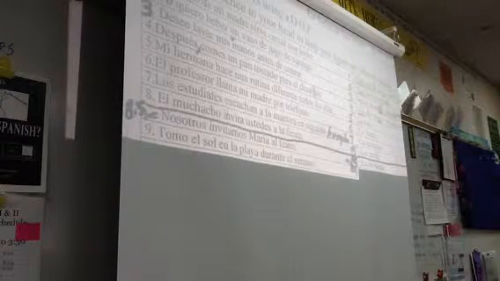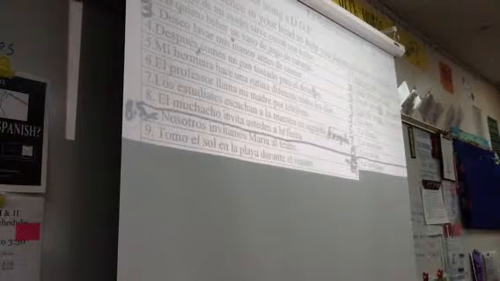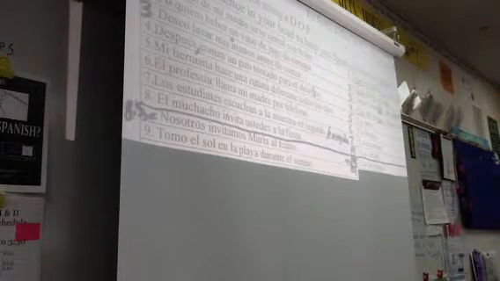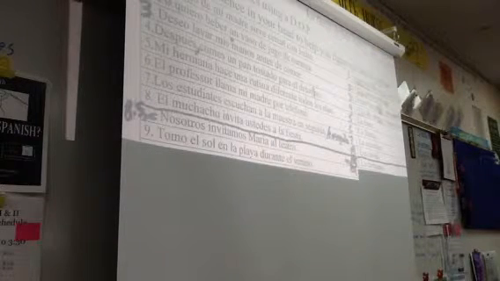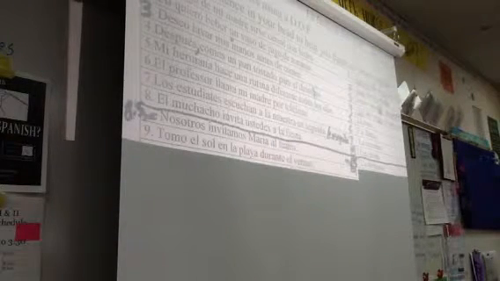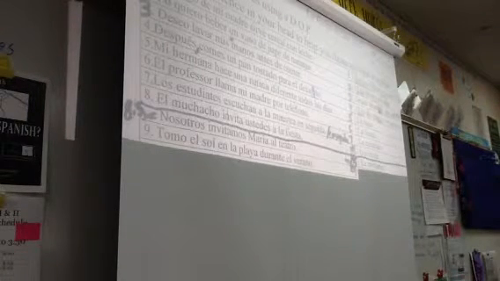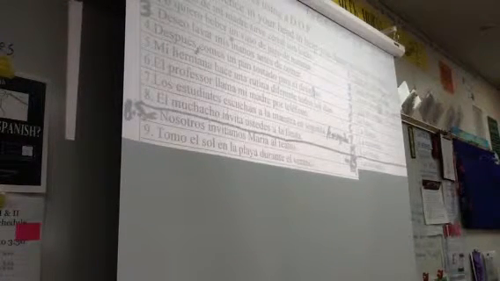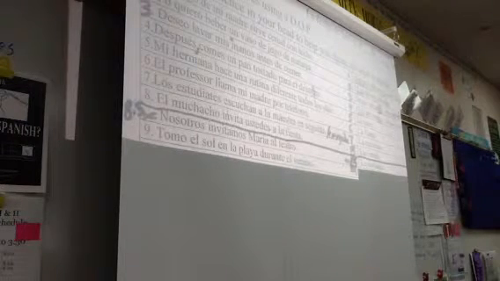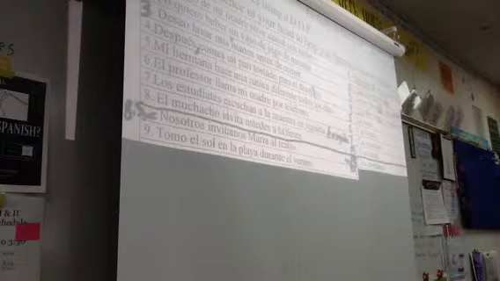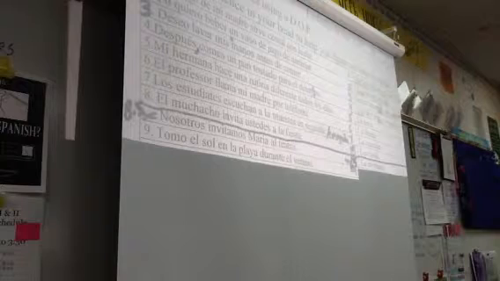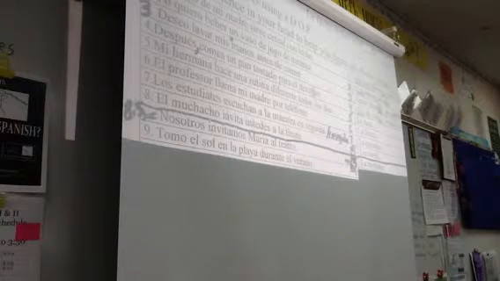I sunbathe on the beach during the summer. This is a weird one, because when you sunbathe, what is it literally saying? You're taking in the sun. So what is receiving the action? Your body.